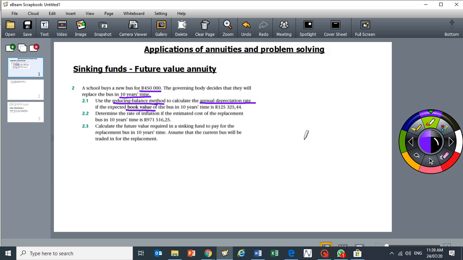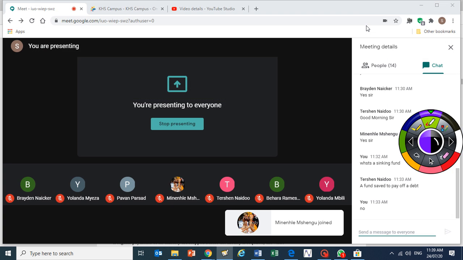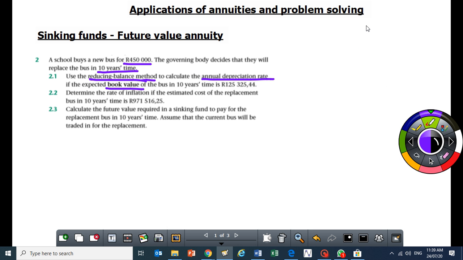All right. So let's list what we have. It's very important for you to list whatever information you are provided with. We know that for this question, we are going to use the formula A equal to P times 1 minus i raised to the power of n.